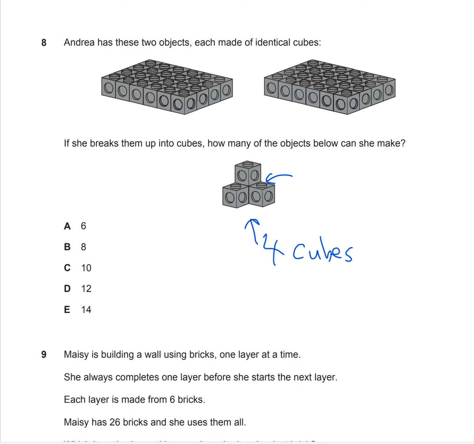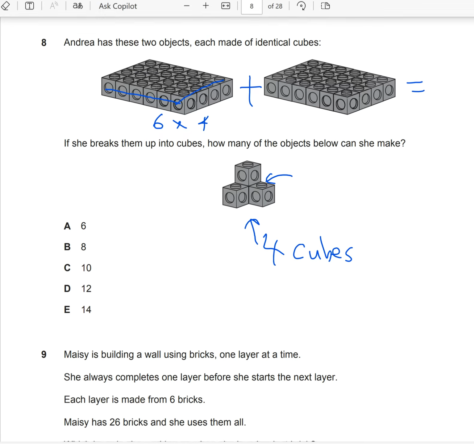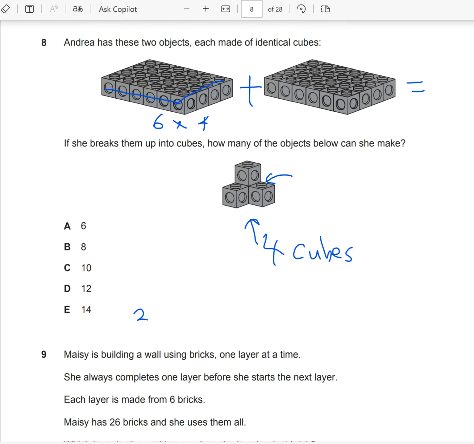So essentially, we're just going to count the total of all of the cubes available and then divide it by 4. So here we have 1, 2, 3, 4. 4 times 1, 2, 3, 4, 5, 6. 6 times 4, which is 24, right here, plus, here we have 1, 2, 3, 4. 1, 2, 3, 4, 5, 6.